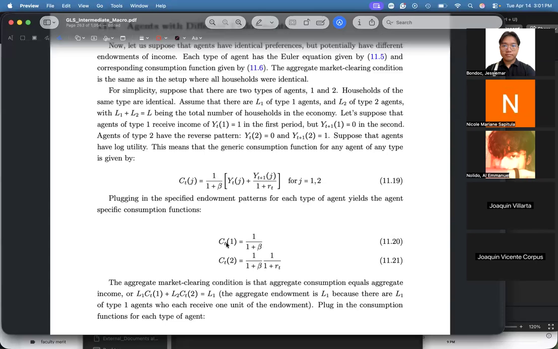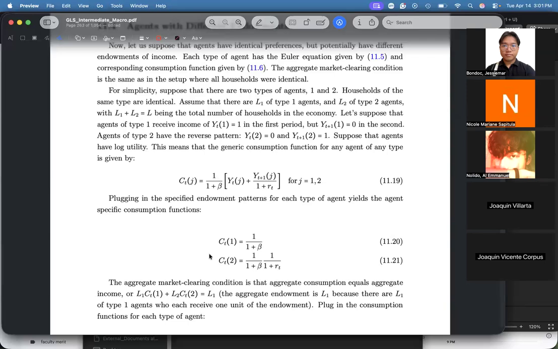Ano pa yung mga mapapansin natin dito? If RT is greater than 0, who will consume more? And what's the story there? Ano mas malaki? CT1 or CT2? If RT po is greater than 0, I think CT1 po yung mas magiging malaki.